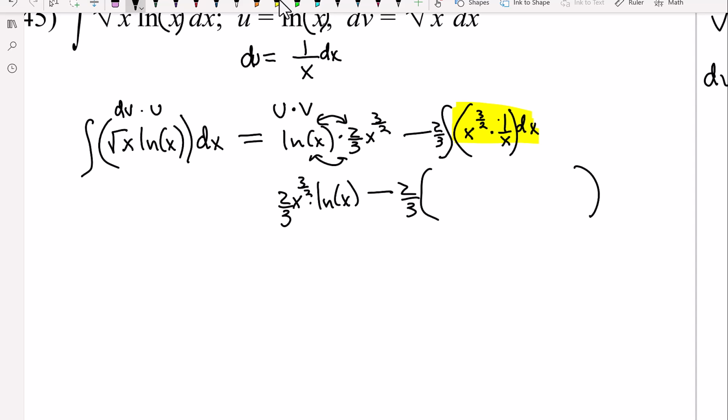Well, notice here's an x to the 3/2 over 1 over x to the first. Well, x to the 3/2 over x to the first, I'm going to write 2/2. And the laws of exponents tell us when we divide powers of the same base, we subtract. So 3/2 subtract 2/2 is x to the 1/2. So this integral right here ends up being x to the 1/2.